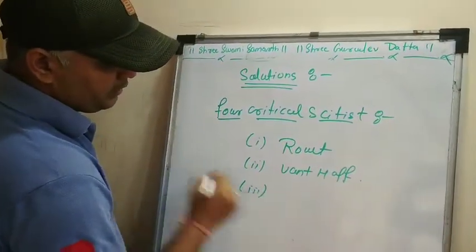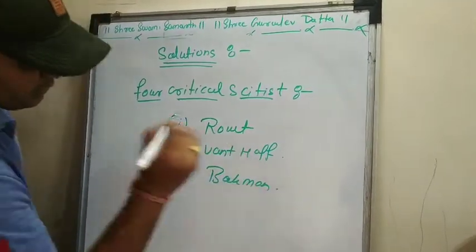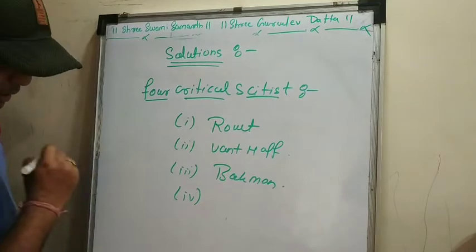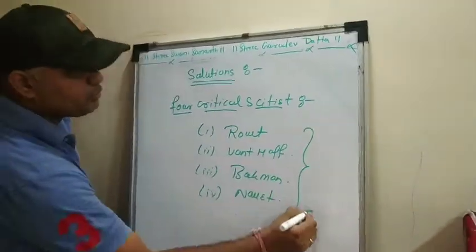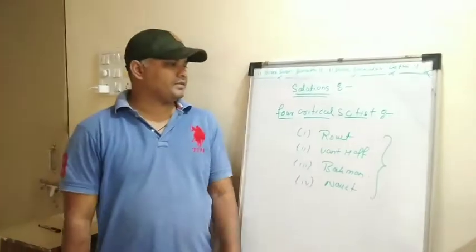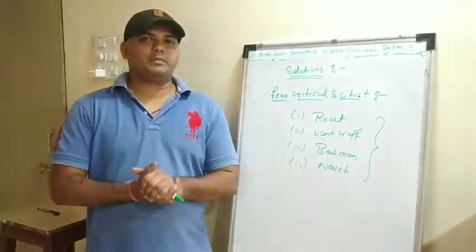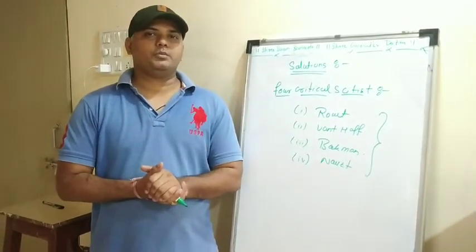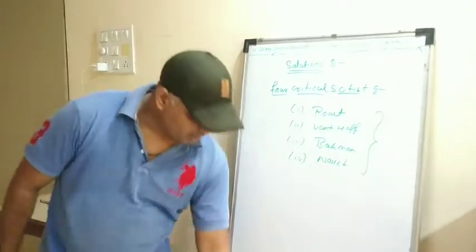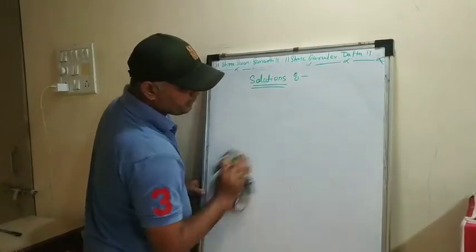Number 3, Beckmann. And number 4, Nollet, right? So you all should remember this. These are the scientists who have worked on the colligative properties. Whenever you begin a chapter, you should know which scientists have made contributions to the particular concept, right? Okay, now let's move further.